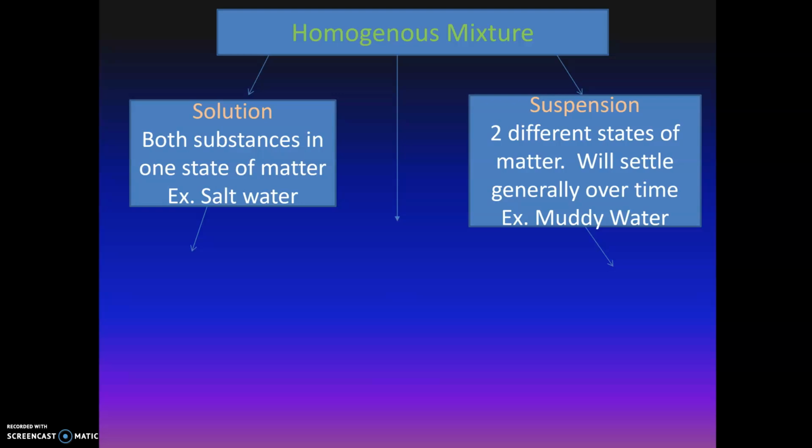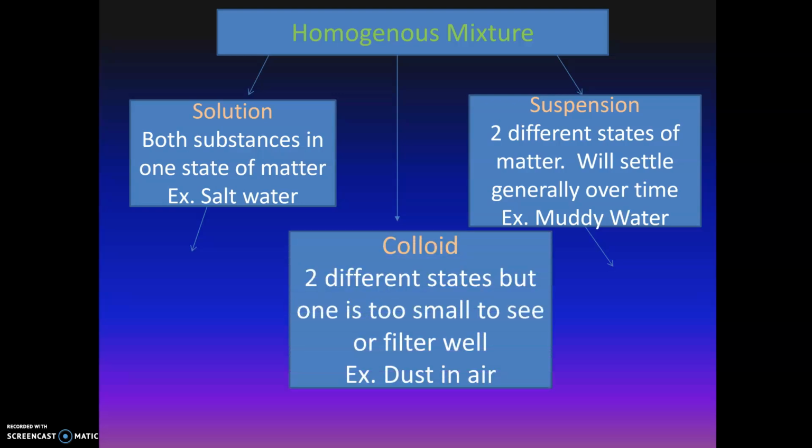Now, in between these 2, you have something called a colloid. You have 2 different states of matter, but one is too small to see or to filter out of it. So for example, dust in air. When you look at air, you don't see it, but it's there. And it's very hard to filter that out.